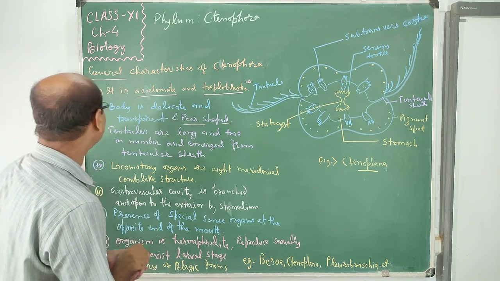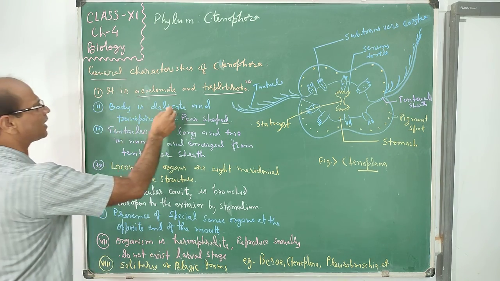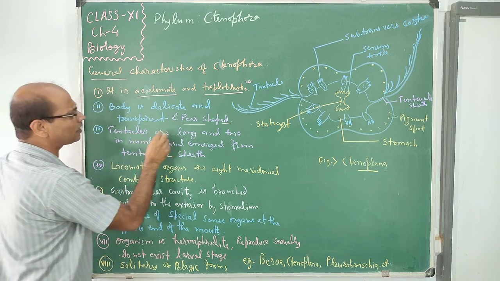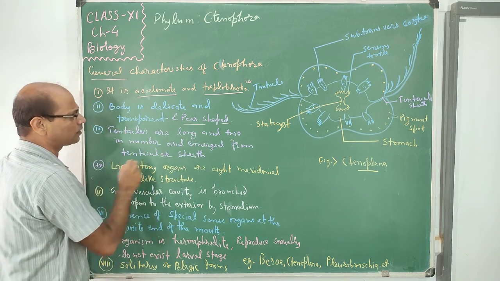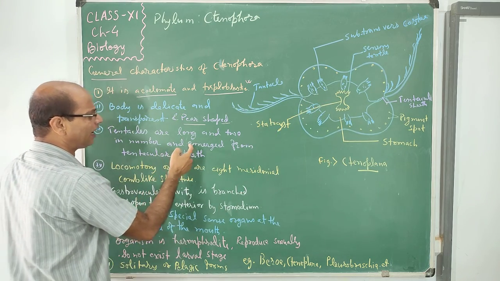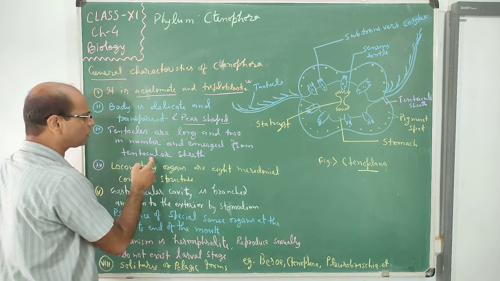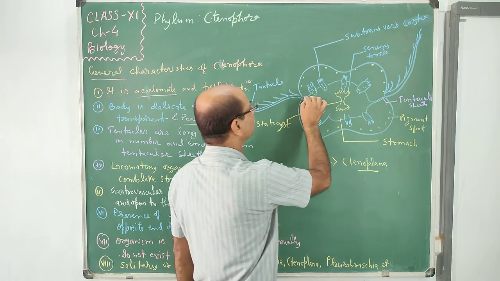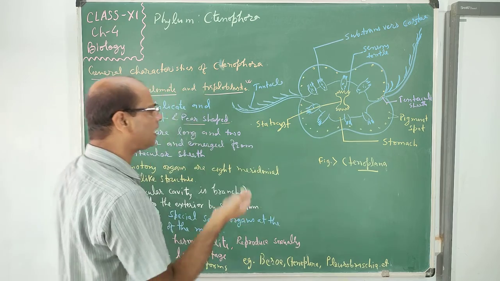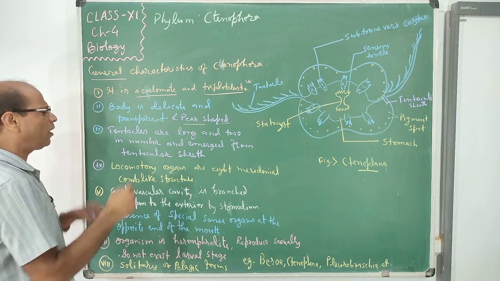So in this one, the body is delicate and transparent, pear-shaped. Tentacles are long and 2 in number, here and there, and emerge from the tentacular sheath. This is the tentacular sheath from which the tentacles come out of the body.